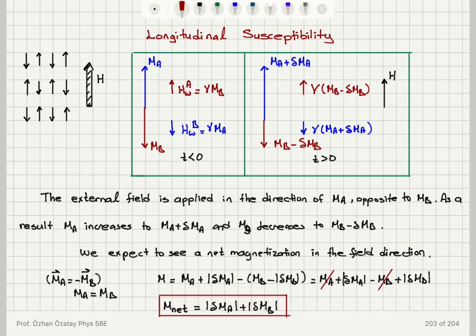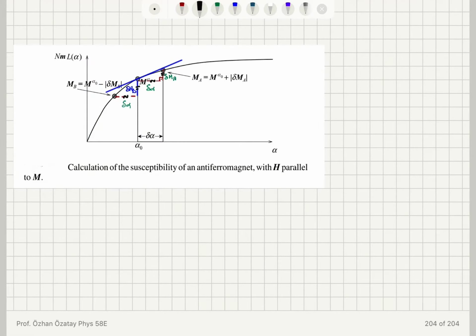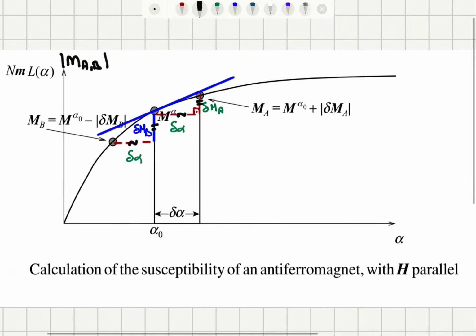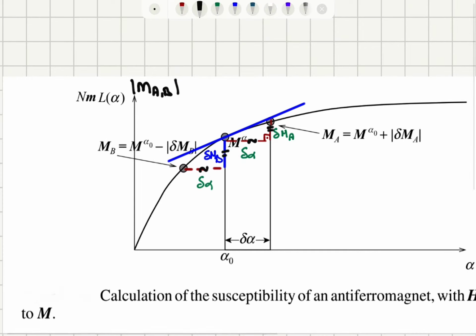Okay, so let's see the situation in the magnetization versus alpha plot. So here you have the magnetization of the A sublattice or the magnetization of the B sublattice. Let's plot the magnitude of A or B magnetization as a function of alpha, and at alpha 0, where we have zero magnetic field, the magnitudes of MA and MB are equal.